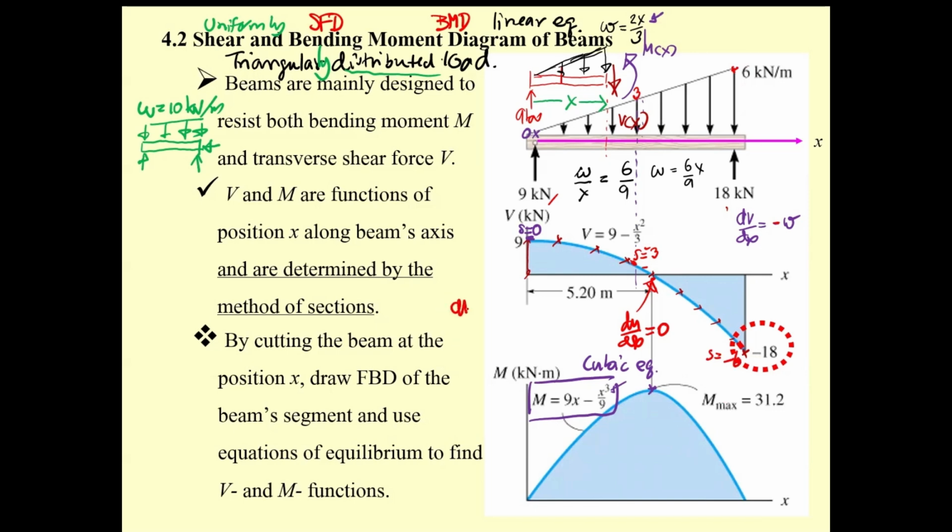Now we have dM by dx equal to V. Okay. V over here is 9, so the slope over here is going to be 9. Over here it is 0, so the slope is going to be 0. Over here it is minus 18, then the slope over here will be minus 18.